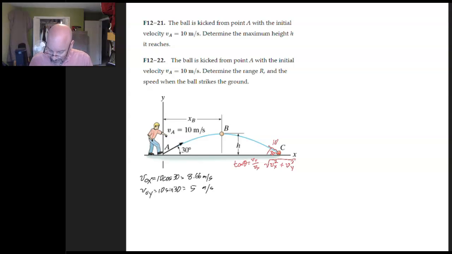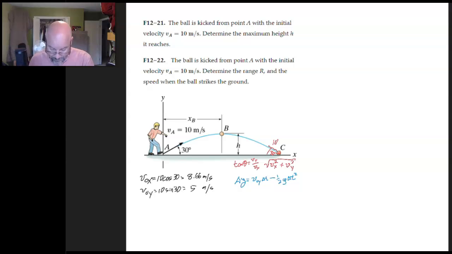So if we want to find the time of flight, let's start with Optimus Prime: our delta y equals v0y delta t minus a half g delta t squared. You can see there I used the projectile version of that.